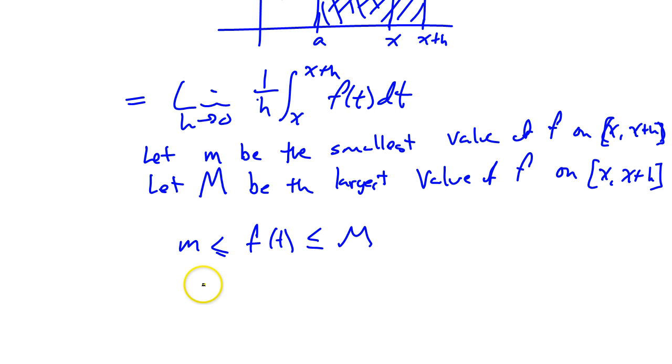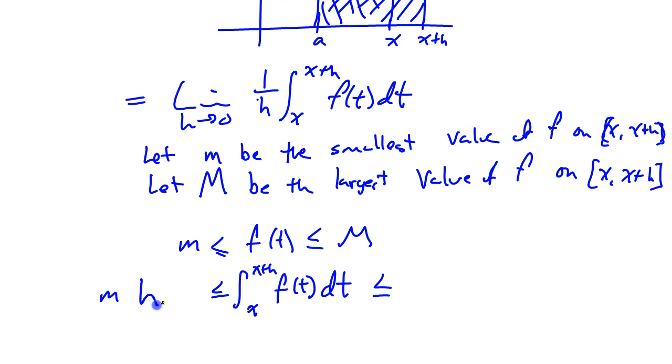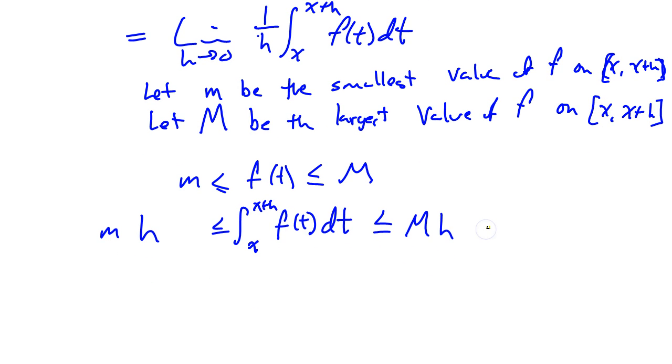by one of the properties of integrals. I know that the integral from x to x plus h of f of t dt is sandwiched in between the minimum value times the length of the interval, which is h, and the maximum value times the length of the interval, which is h. So this integral is somewhere in between this value and that value.